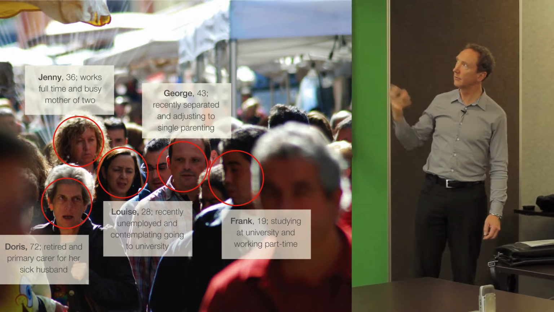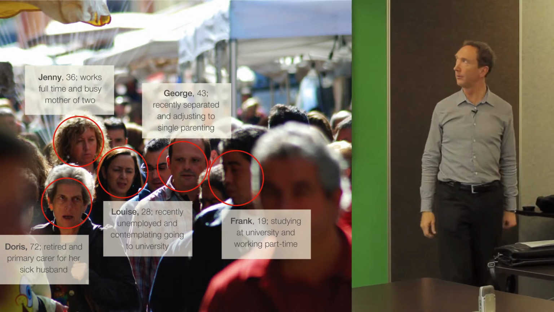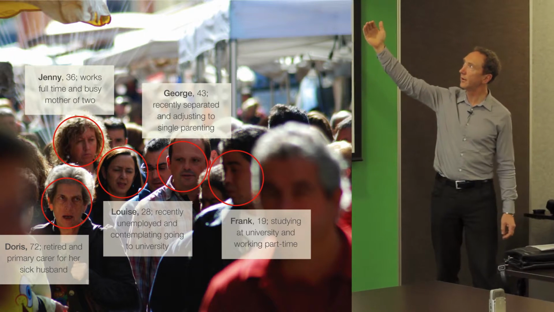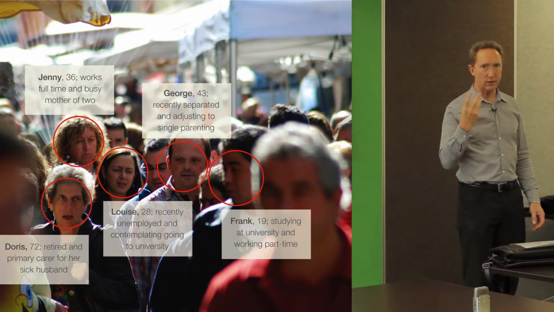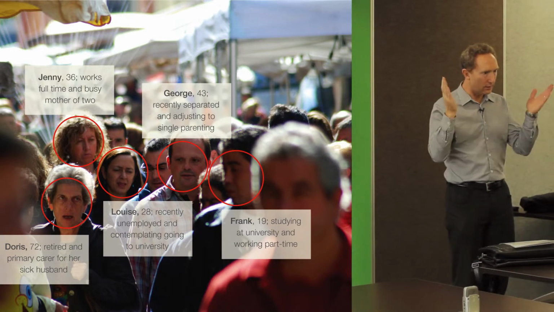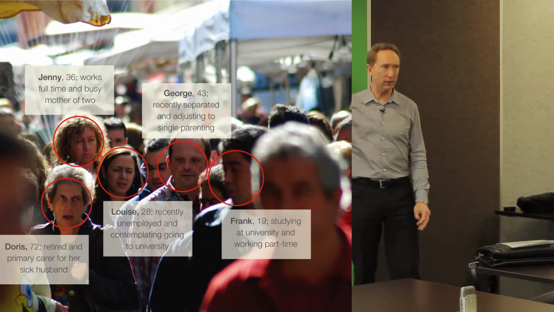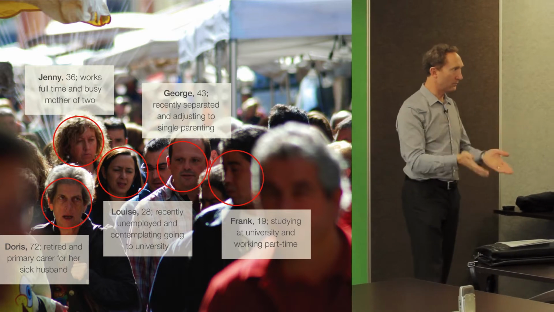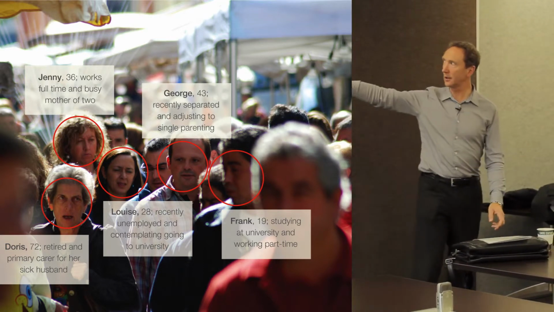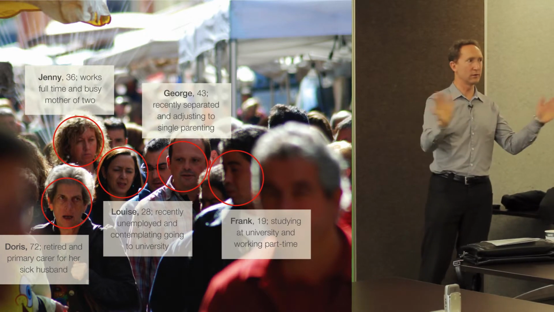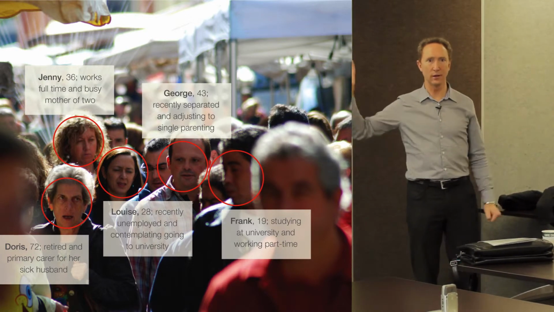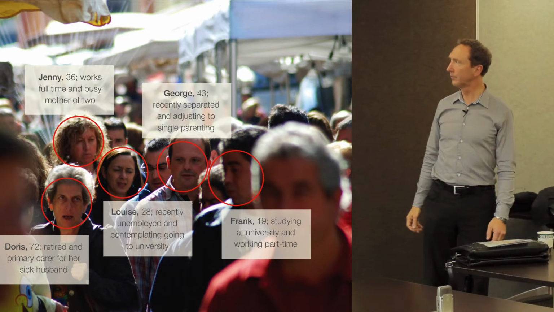Jenny's flat out busy mother of 2. George, recently separated, adjusting to single parenting. So this is the sort of thing that I think when you get out into the community and start speaking to people, you can see you're actually designing services for these people, not for some blob, not for some sort of system, it's for some real people.